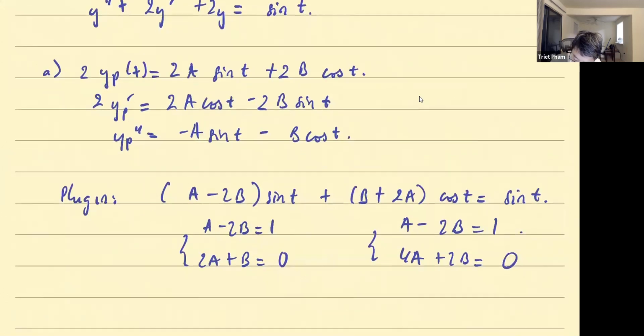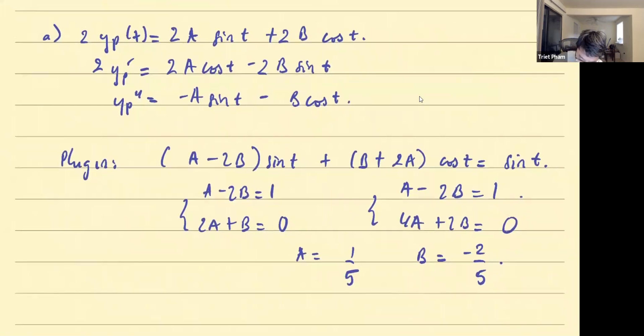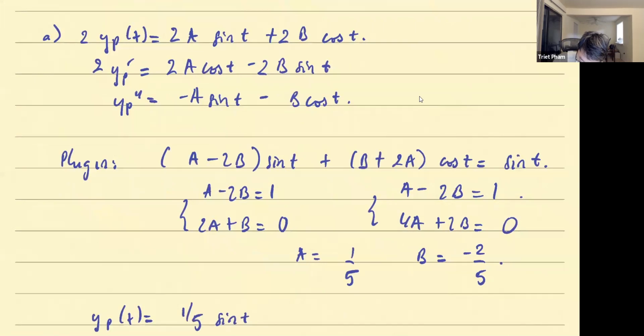Add them up, I got a to be 1/5, and b is minus 2/5. Would that work? Yeah, seems good. So our yp is going to be 1/5 sine t minus 2/5 cosine t. Is that okay?